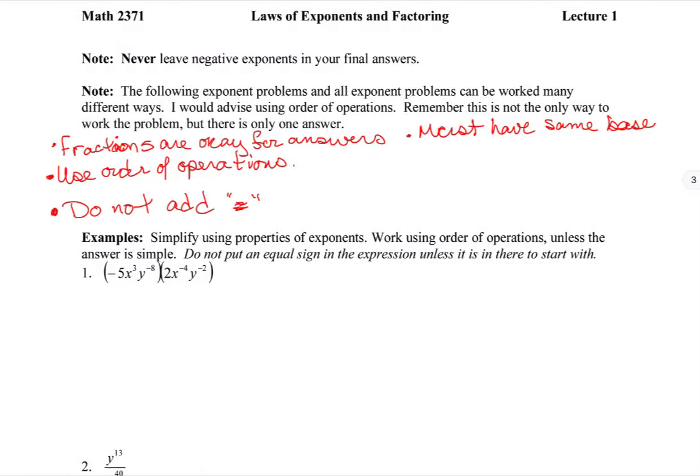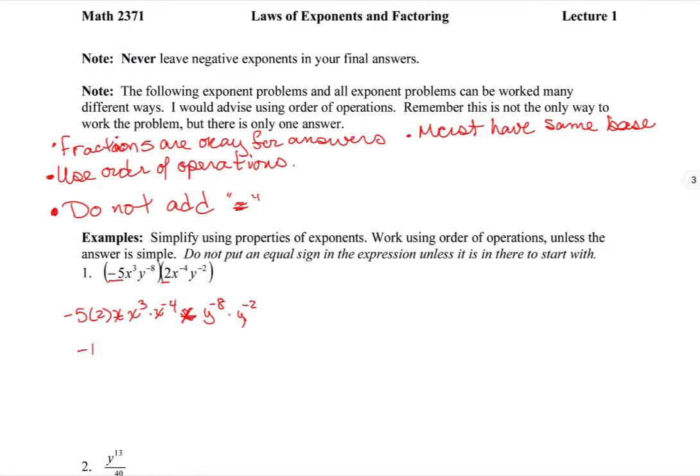All right, so let's start with this first one. The first thing I'm going to do is combine my numbers. So -5 times 2. Then I have x cubed times x to the -4, and then I have y to the -8, and these are all multiplication signs here, and I'm going to put just a normal big multiplication in between so that we can separate each part, y to the -2.